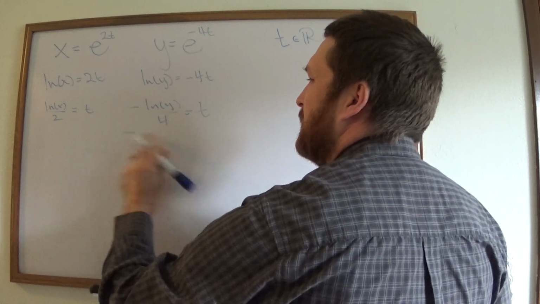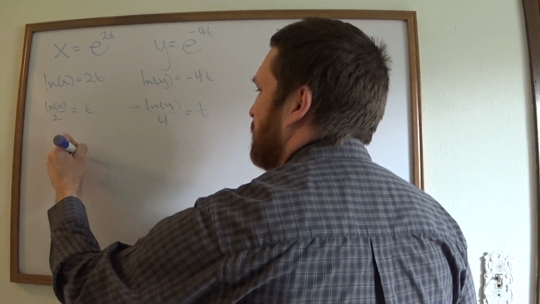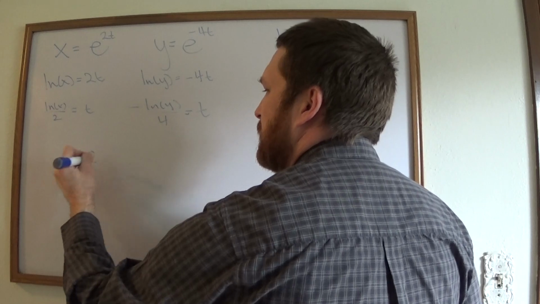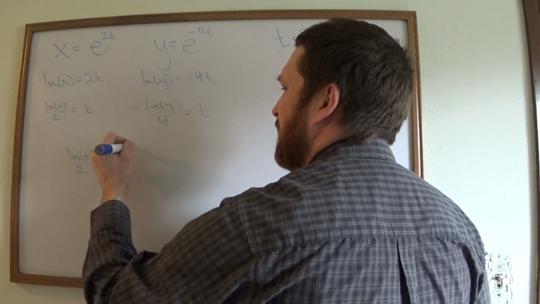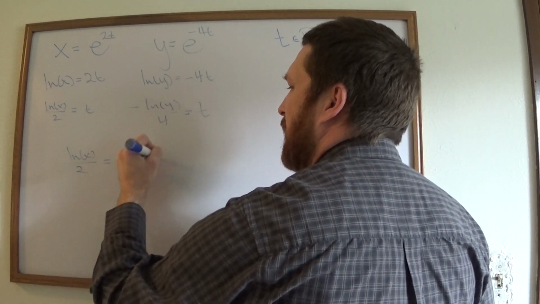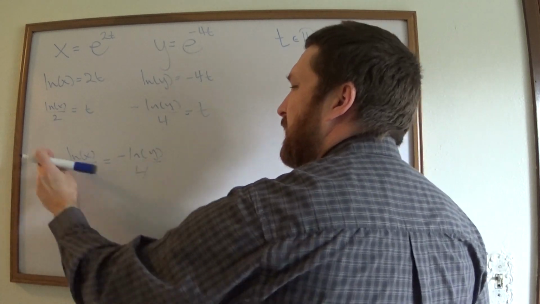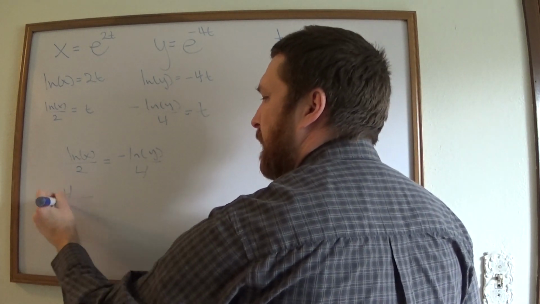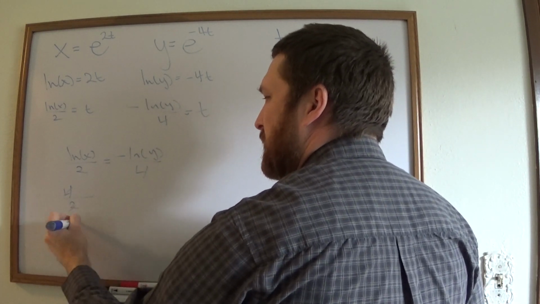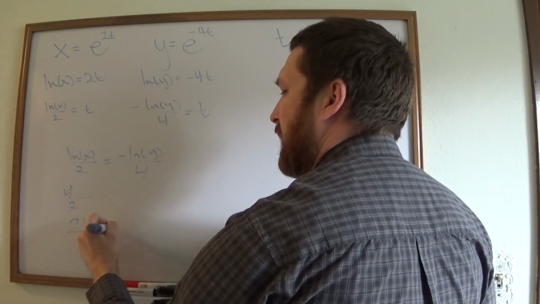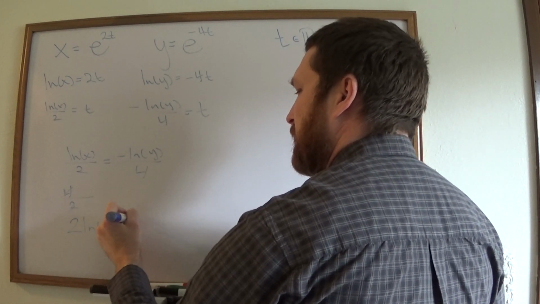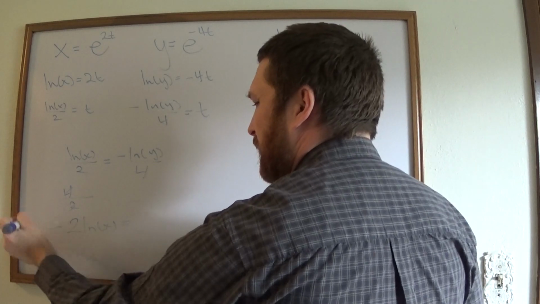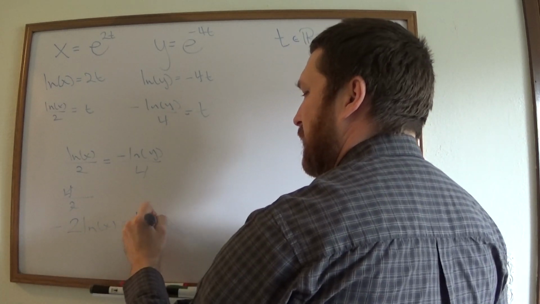Set those equal to each other, and you have natural log of x over 2 is equal to negative natural log of y over 4. I'm going to bring the 4 up. It cancels, giving me 2 log x is equal to, I'll bring the negative over here too, log y.